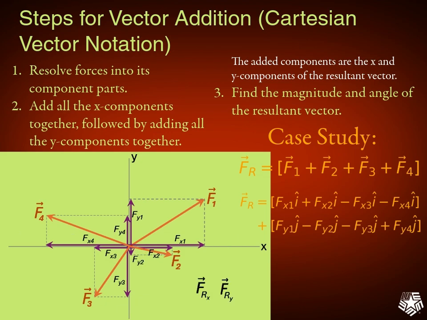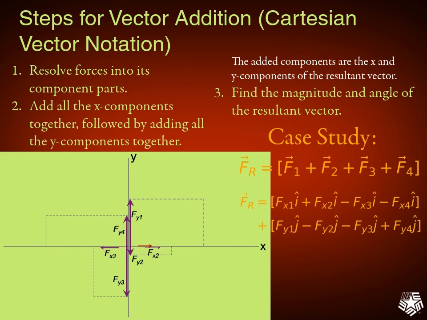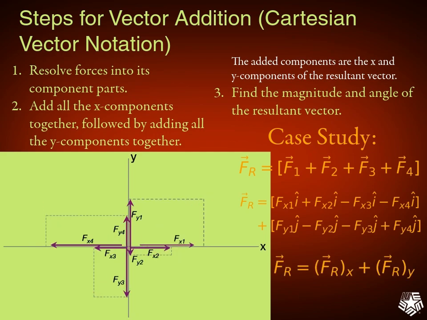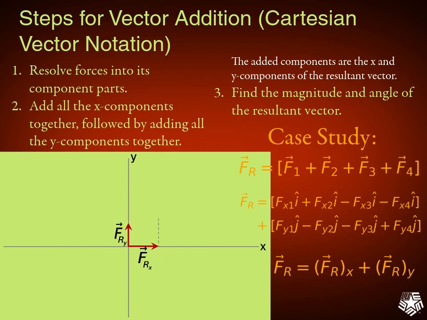Next, we simply add all the components associated with i caret, which will give the resulting force component along the x-axis. Lastly, we sum up all the components associated with the j caret, which is the resulting force component along the y-axis. Adding these two vectors together using either the parallelogram law or the triangle rule is equal to the resultant force, or the force resulting from the two components simultaneously acting on a point.